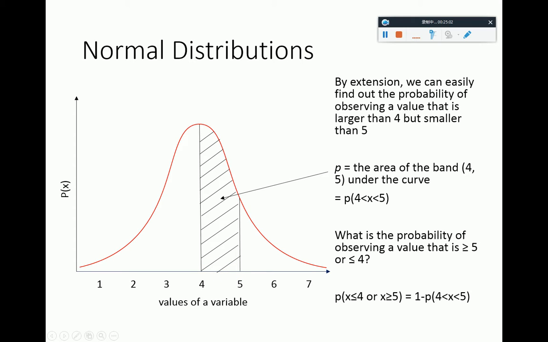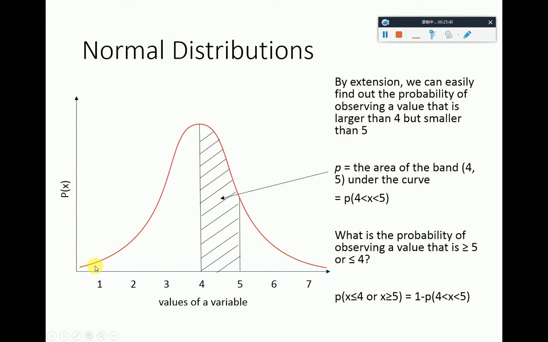It makes sense, I hope, why we can subtract this probability from 1, because we said in the previous class that the total area under this curve is 1. The total area under this curve represents the probability of observing all possible values of this variable. The probability of observing all values of the variable is certainty, and mathematically, certainty is 1.